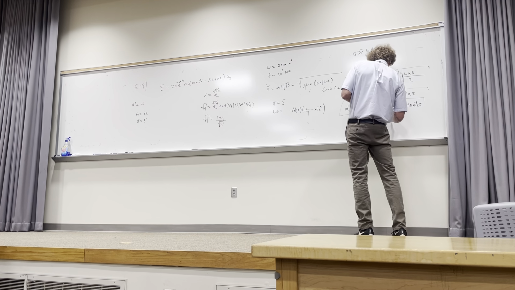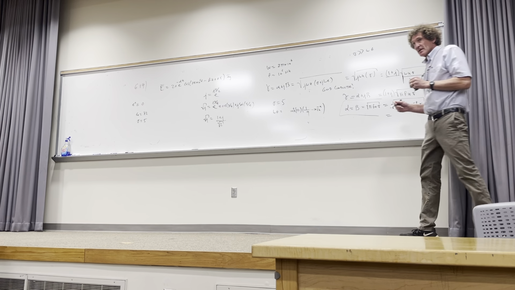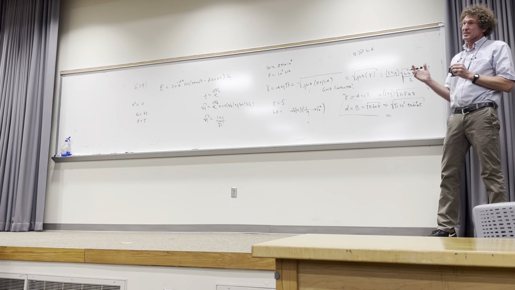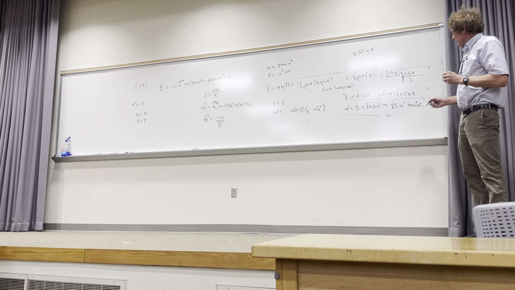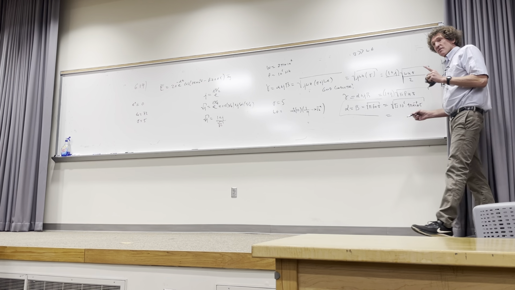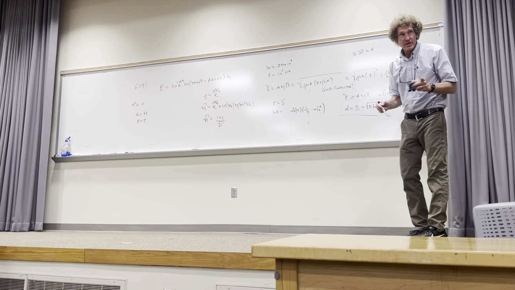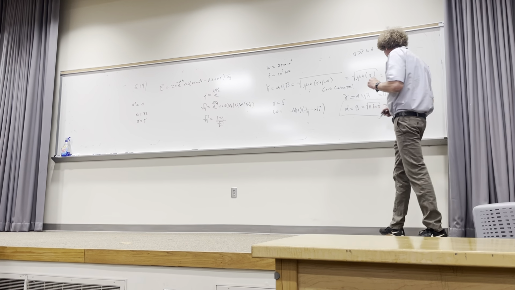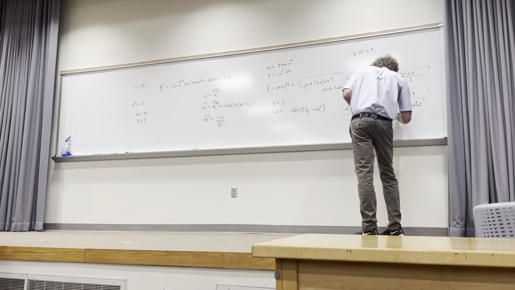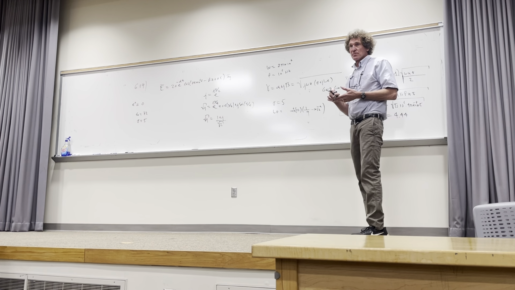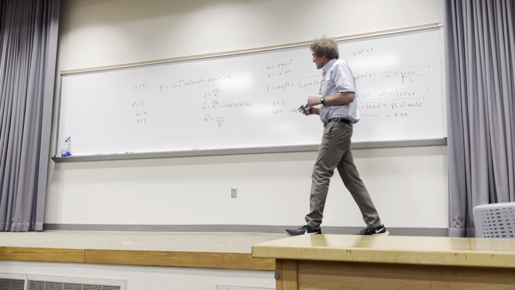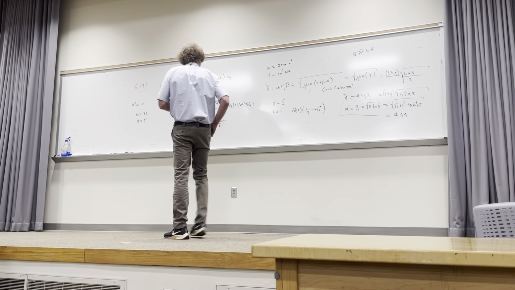So what do you get for alpha and beta in this case? It's really this easy. Just do it. 4.44. Is that what you guys are getting? All right, 4.44. And it's either Napiers per meter or radians per meter. They're the same exact units.